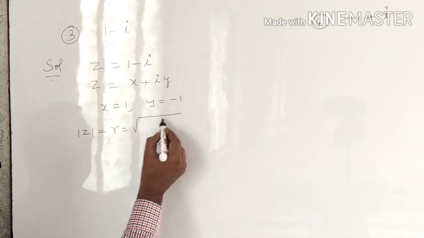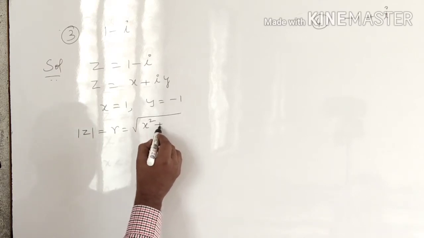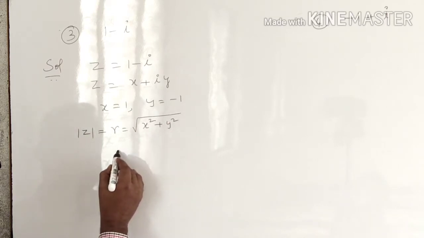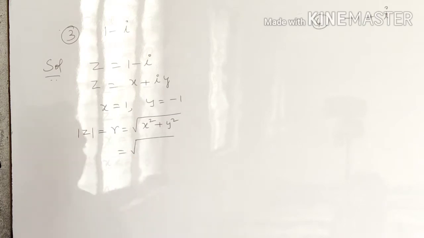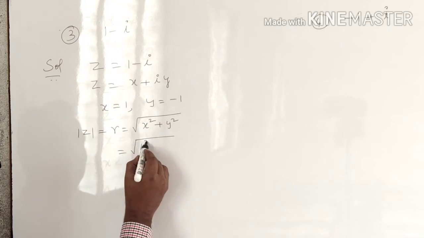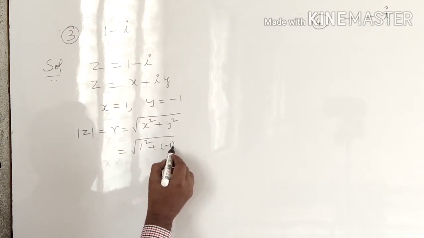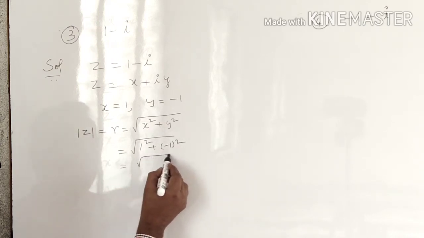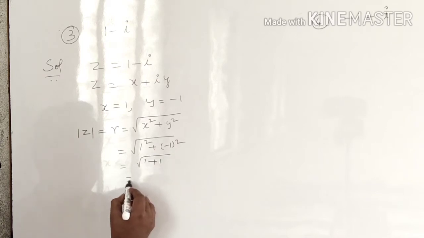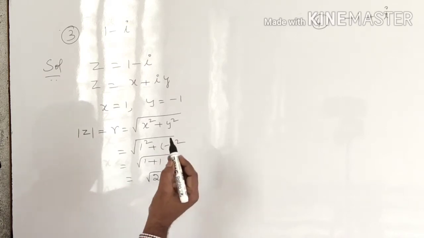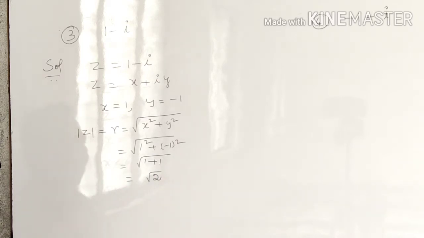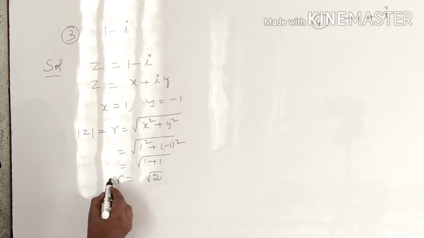The formula is root over real part square plus imaginary part square. So root over, real part is 1 square, imaginary part is minus 1 the whole square. Root over 1 plus 1, you will get root 2. This is the r value, the modulus of z.